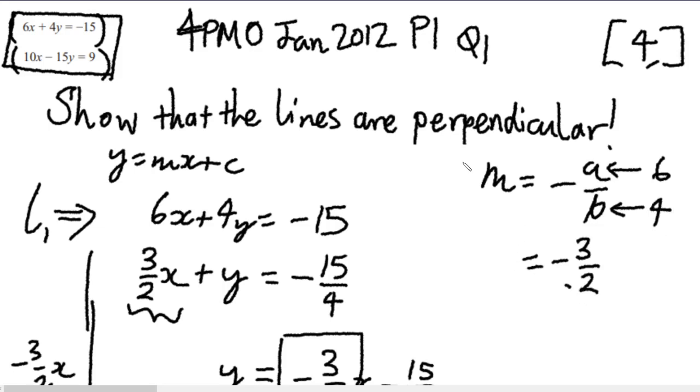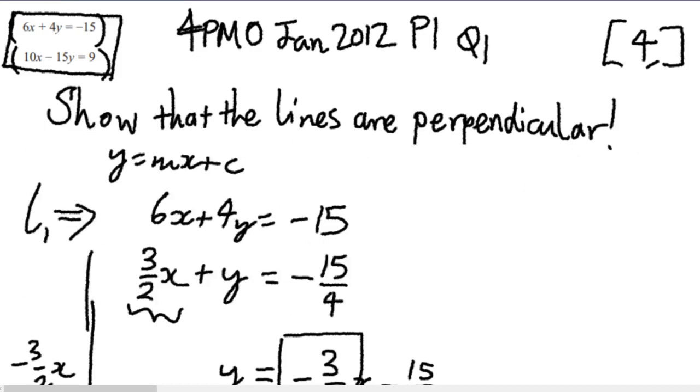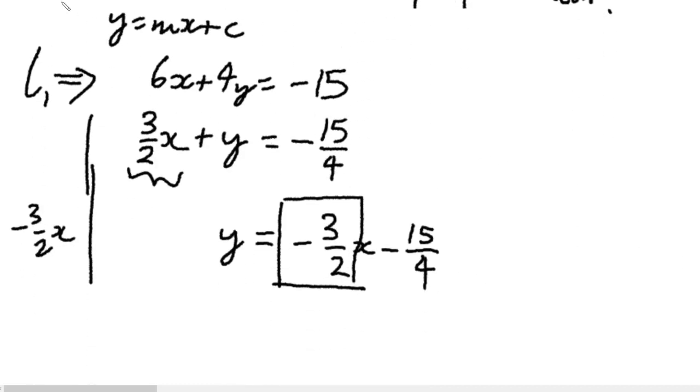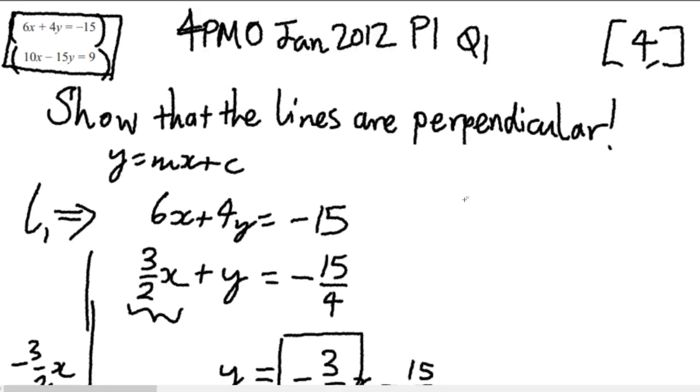So that's what I mean by a shortcut that I have made up for you. So we now know that the gradient of line 1, which we'll call m1, is equal to minus 3 over 2.